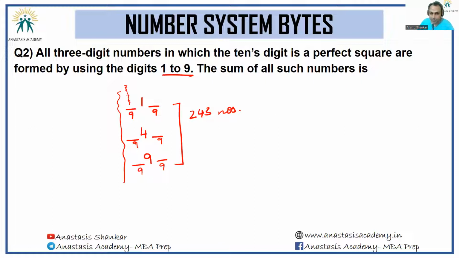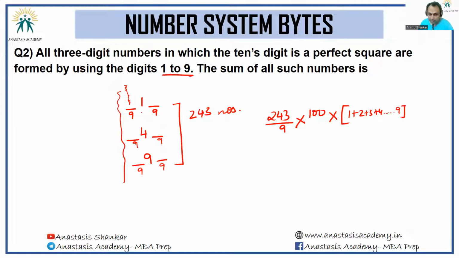So can I say the contribution to the grand summation of the leading digit would be 243 by 9 into 100, the placeholder value, into the summation of all the individual digits, 1 plus 2 plus 3 plus 4, so on and so forth, up until 9.